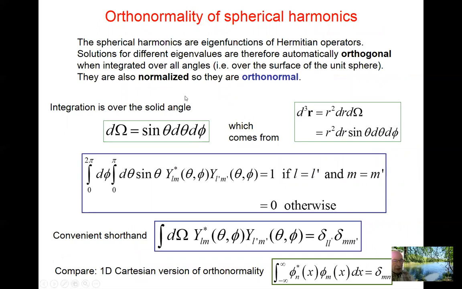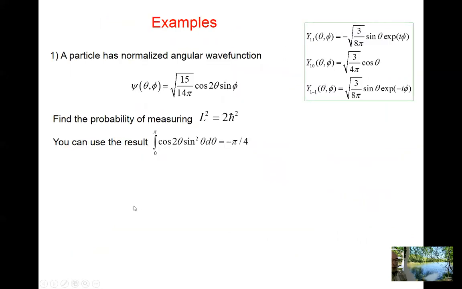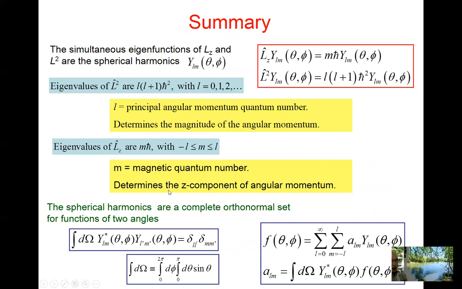At the end, we always need to check orthonormality of spherical harmonics and their completeness, which can again be done using these mathematical equations, which again I encourage you to go through. We can see examples of these functions, which we will come back to later.